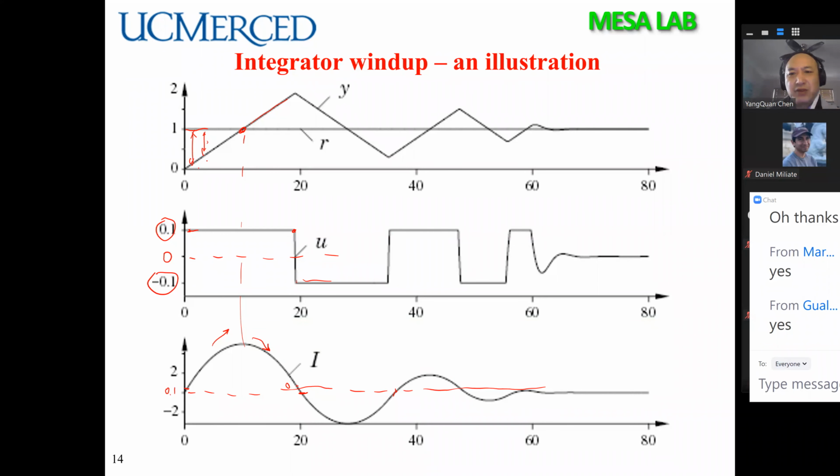If you don't have any mechanism to remove that, called anti-windup, AW, you are always like this. And sometimes this could be very big. You keep doing this.